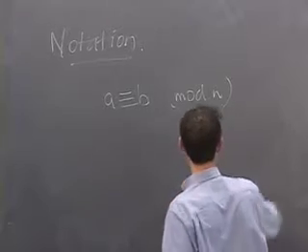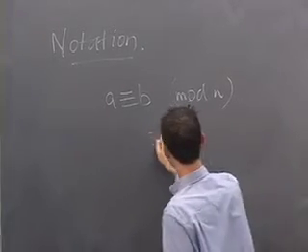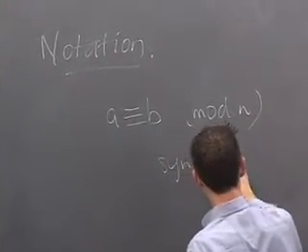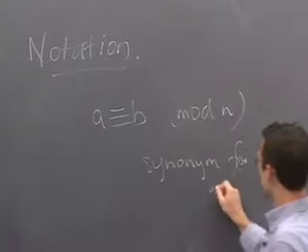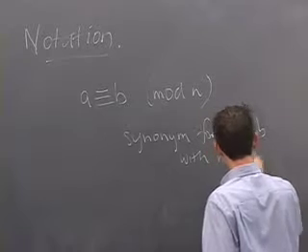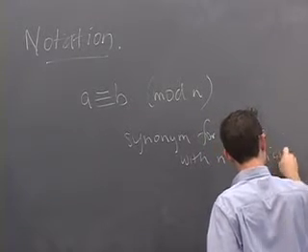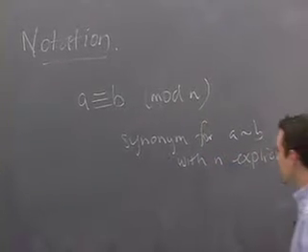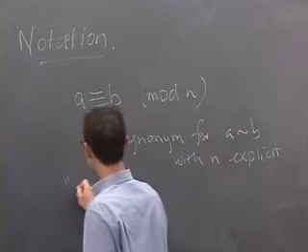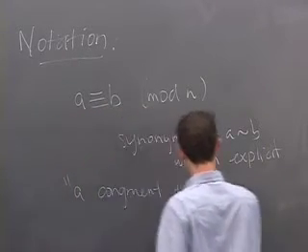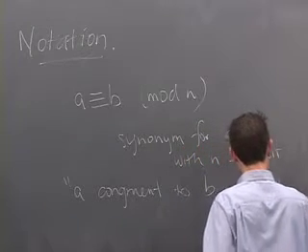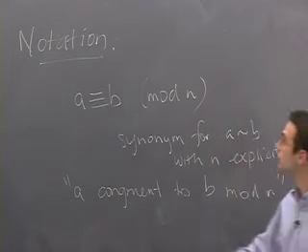So this is a synonym for a twiddle b with n made explicit. And the way we say this is a is congruent to b mod n. So this is just a linguistic issue.